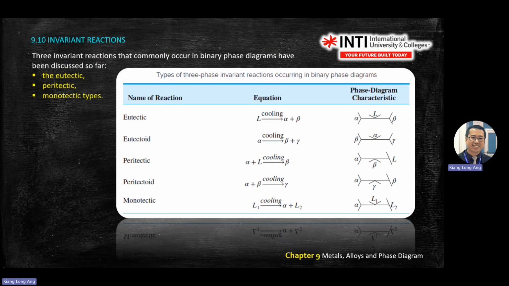Okay, this is an important diagram that helps you to identify whether it's eutectic, eutectoid, peritectic, peritectoid, monotectic. This one is from last class. When you go inside more and more, again, this is a summary of what you should know.